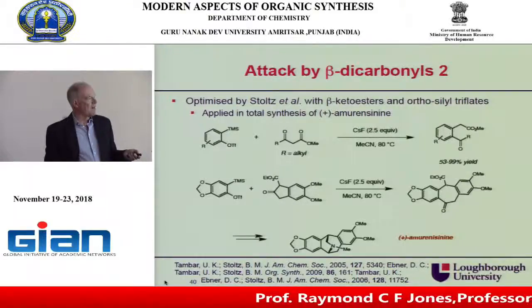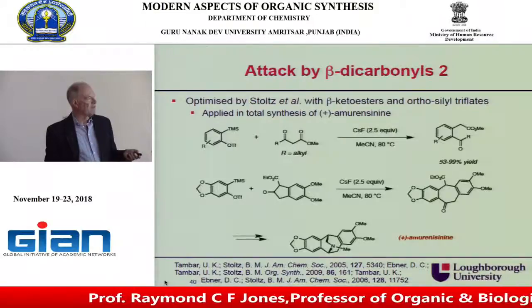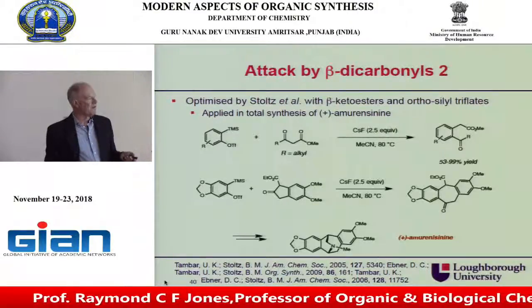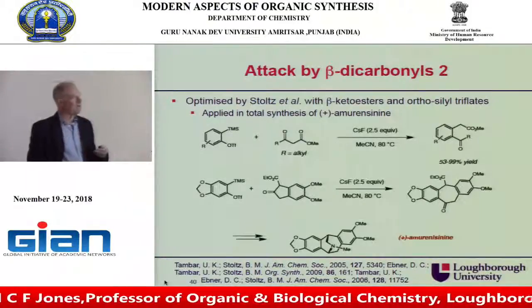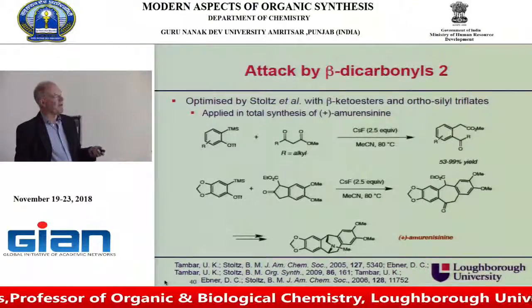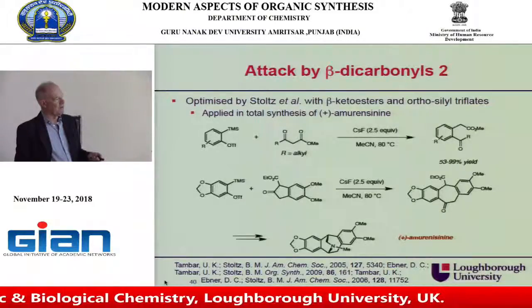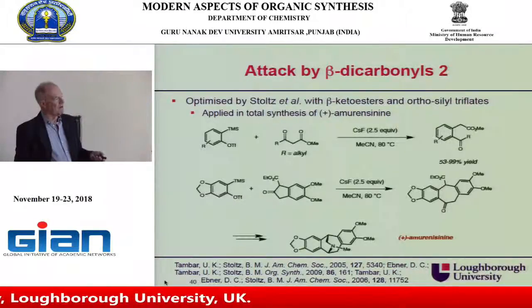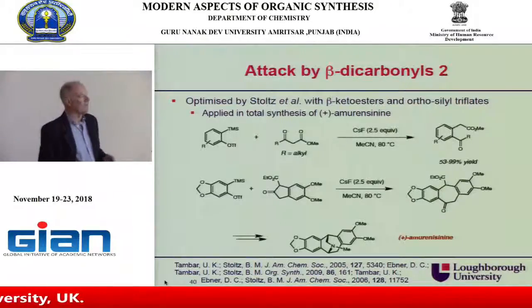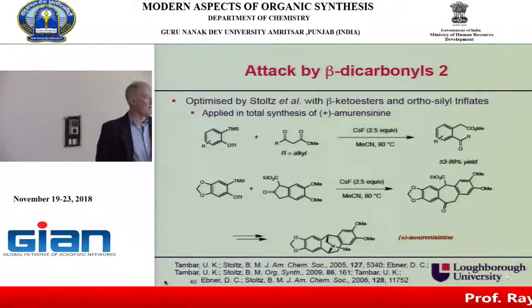That's attacked by this carbon of a beta keto ester, and then after the kind of four-membered ring closure and ring opening I showed on the previous slide, this is what you end up with, which is the center part, or this new seven-membered ring is the center part of this alkaloid when you eventually get through the other transformations that are required.